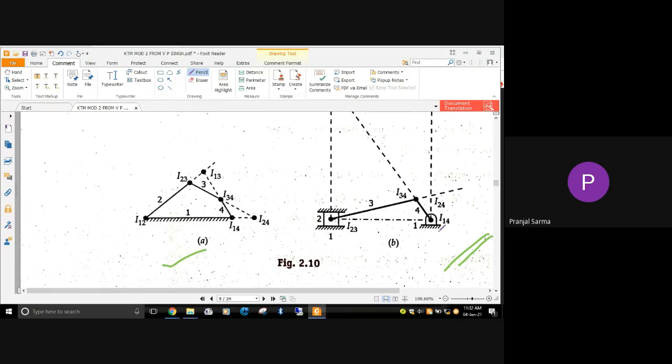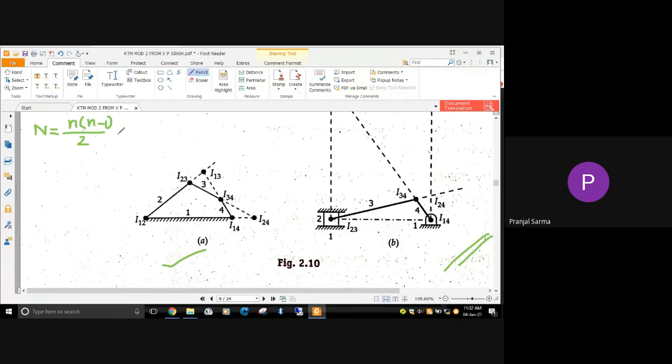For that, the first task is to know how many instantaneous centers there are. You already have the relationship: N equals n into n minus 1, divided by 2, where N is the number of instantaneous centers.